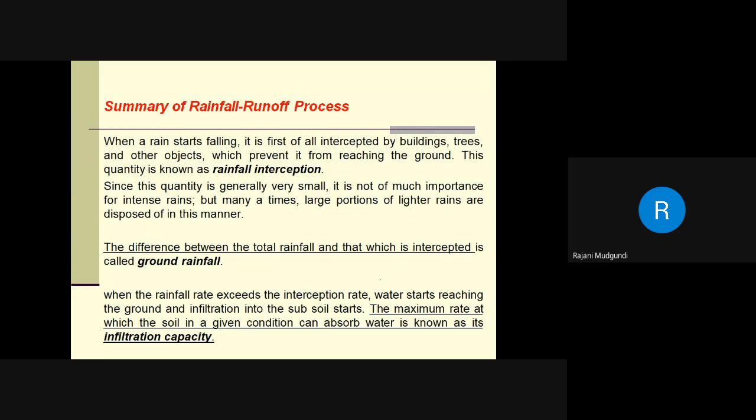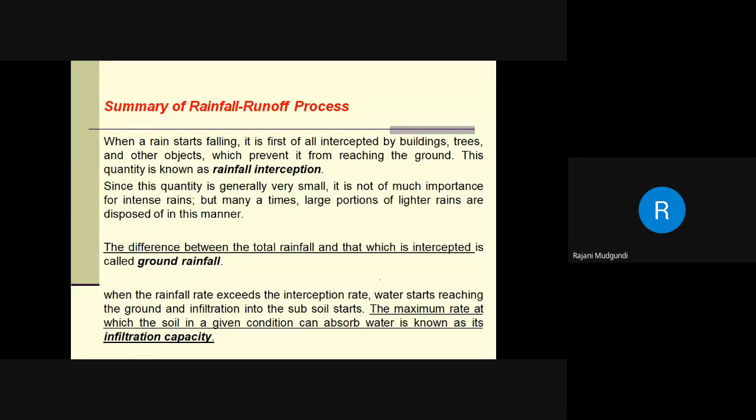Now, so as to summarize the entire rainfall runoff process, right from the beginning, when the rain starts falling, it is first of all intercepted by the obstructions like buildings, trees and any other objects which prevent it from reaching directly to the ground. So before it reaches the ground, it will be absorbed by these elements, like buildings, trees, etc. This quantity is also known as rainfall interception, right?